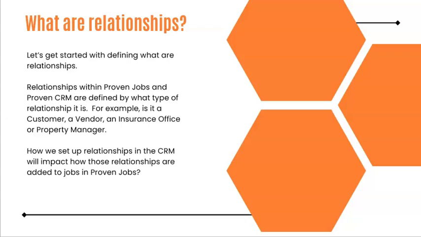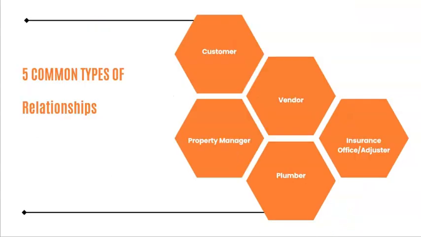How we set up relationships in the CRM will impact how those relationships are added to jobs in Proven Jobs. Here are some examples of 5 common types of relationships: customer, vendor, property manager, plumber, or insurance office and adjusters.